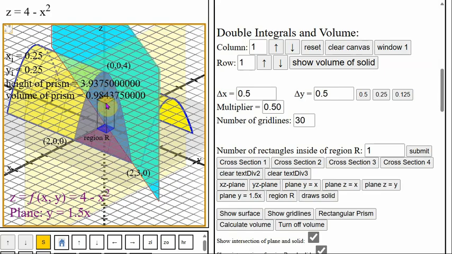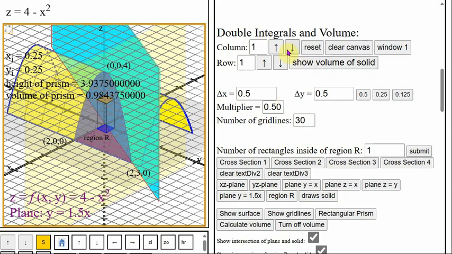And then to calculate the height of this prism, we just use the height function z equal to 4 minus x squared, and that will give us a height of 3.9375. And to calculate the volume, it's just the area of the rectangle times the height, and we get 0.9843 for this first rectangle.